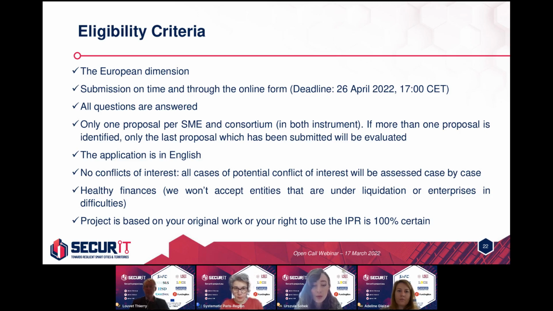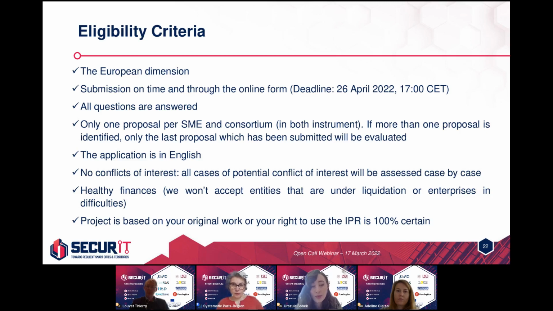And also, you can submit only 1 proposal, taking into account both instruments, you as a single SME or you as a consortium. If we detect that more than 1 proposal was submitted, then only the last edited will be evaluated.